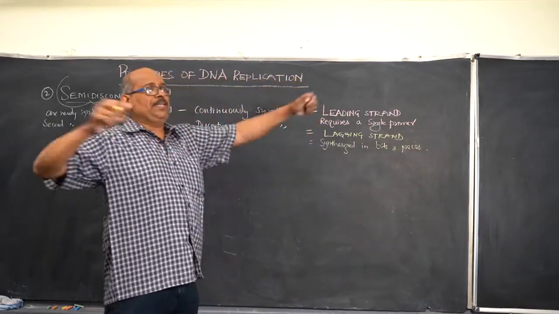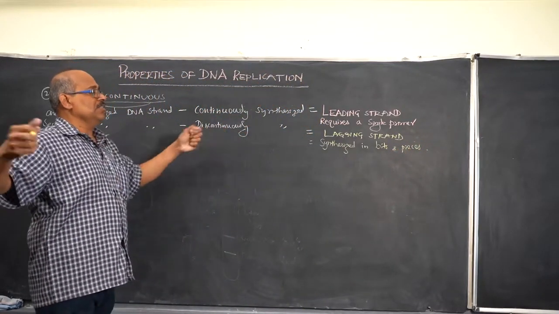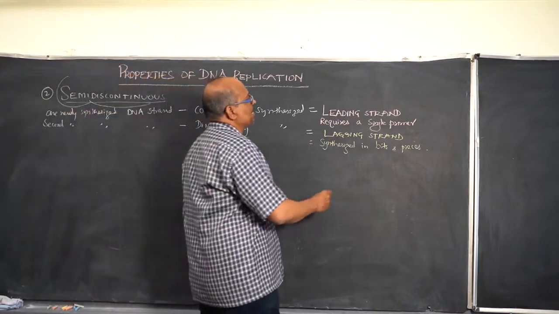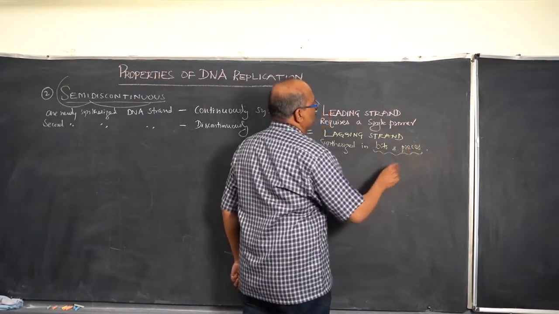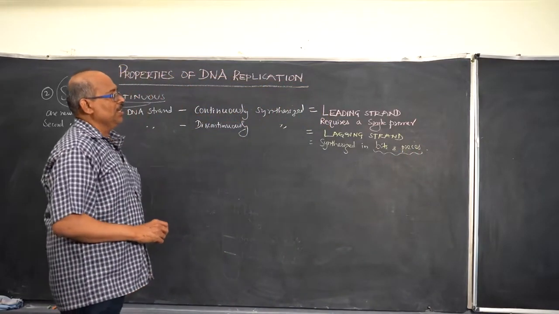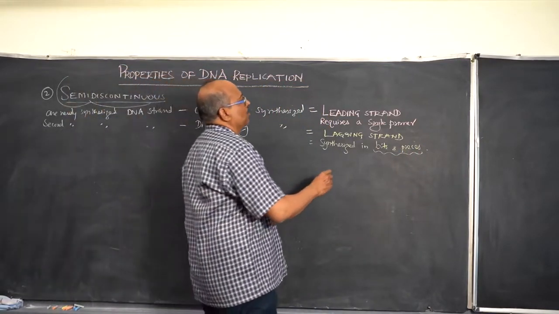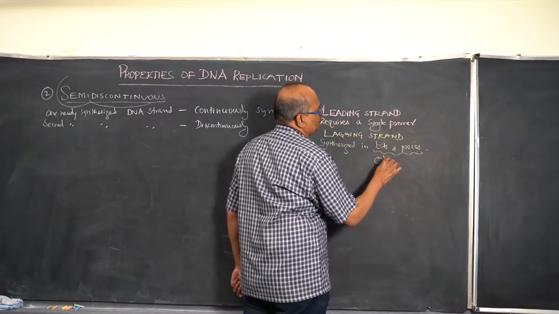So it's not like one piece, but several pieces are synthesized. These bits and pieces which are formed during the lagging strand are called Okazaki fragments.